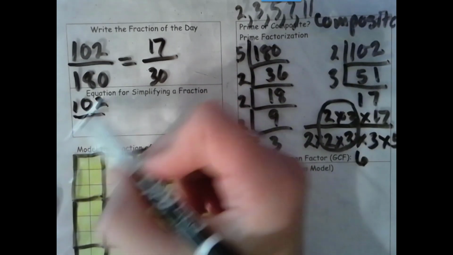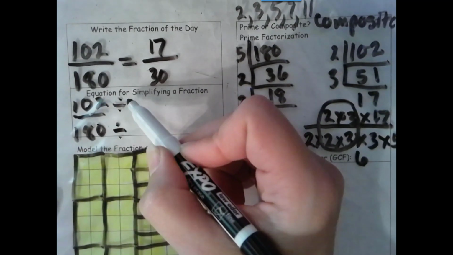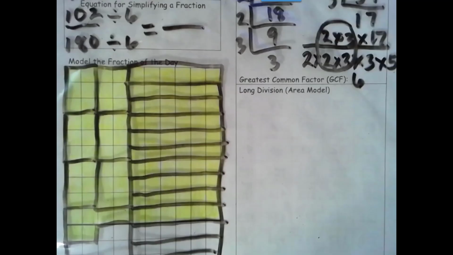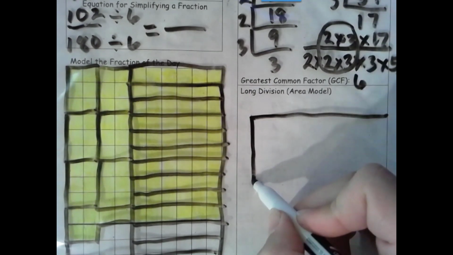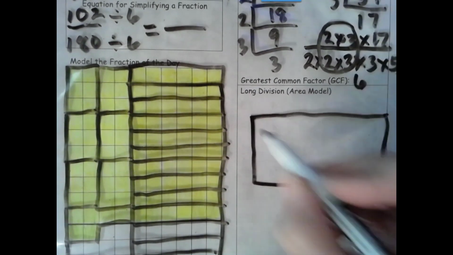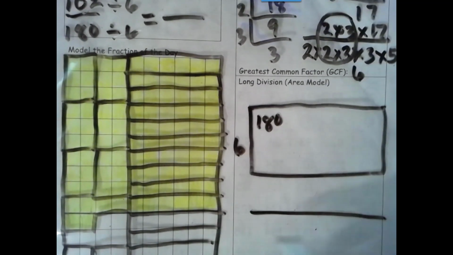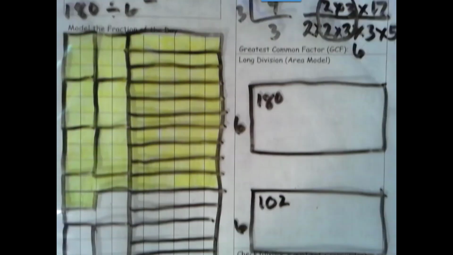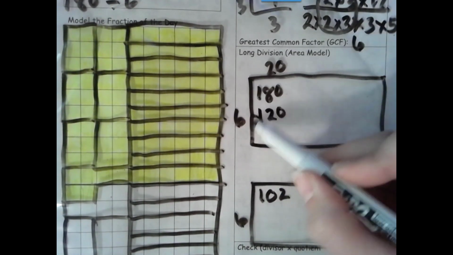Okay, now that we have found our division with our model, let's go ahead and prove it with our algorithm. We're dividing by our greatest common factor. So we're going to divide 180 into groups of 6 and 102 into groups of 6. 20 times 6 is 120.